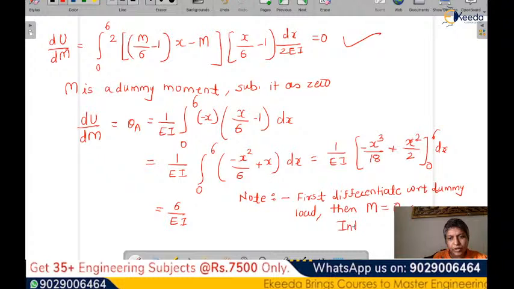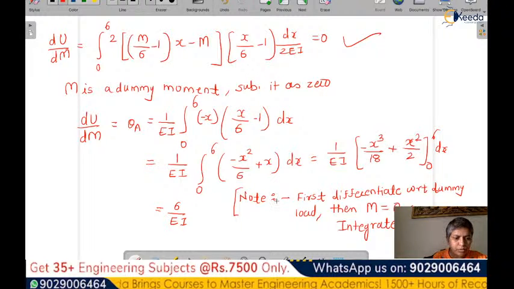So this is a 3-step procedure to reach the final value. Okay, so this is our rotation.